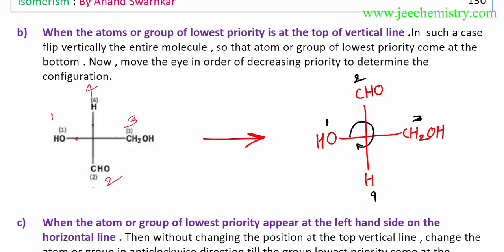We don't consider the 4. We have to rotate. Now this is 1, 2, 3, follow this order. This means R, but the fourth is not in the lowest position, so R will be the wrong answer. Our correct answer will be S.